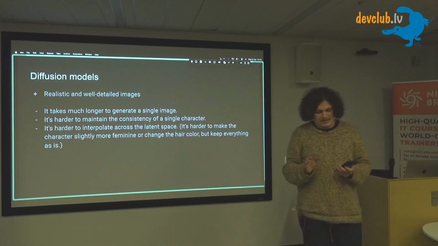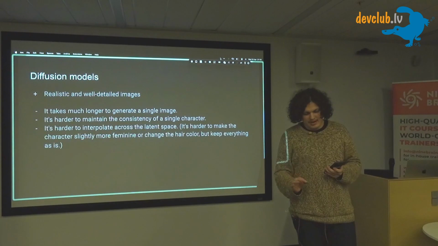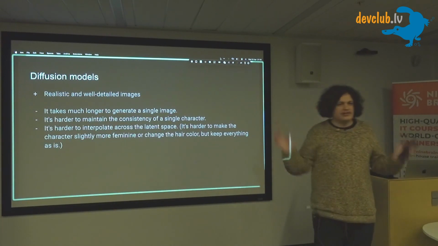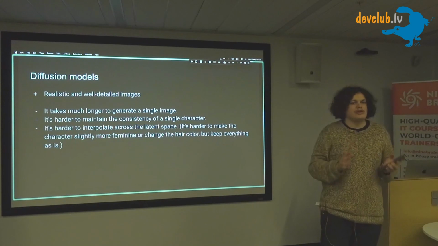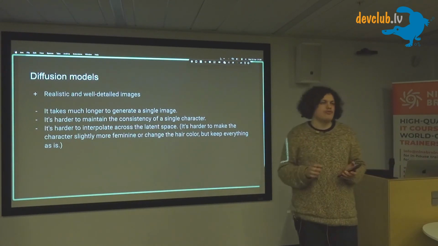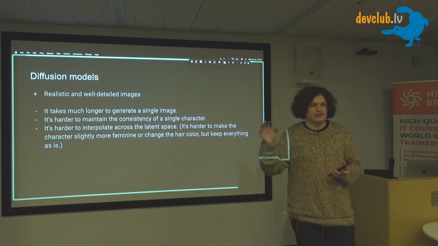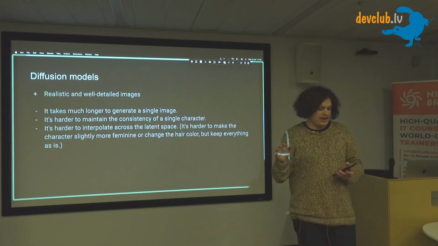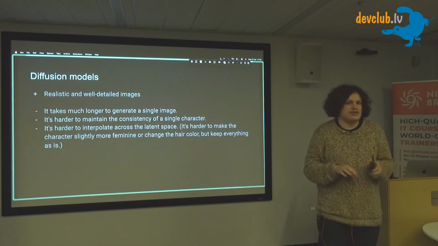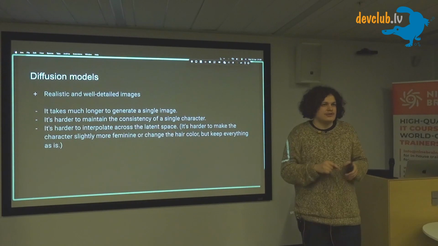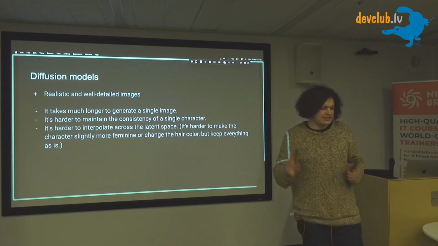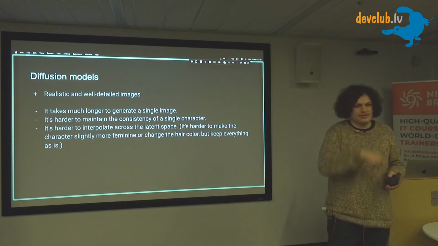It sounds very difficult. Let me explain. For example, I have generated a beautiful boy with blonde hair, and I want to make only one change. I want to change the hair of the boy from blonde to red. I just change the prompt. I wrote boy with blonde hair, and now I change blonde to red hair.